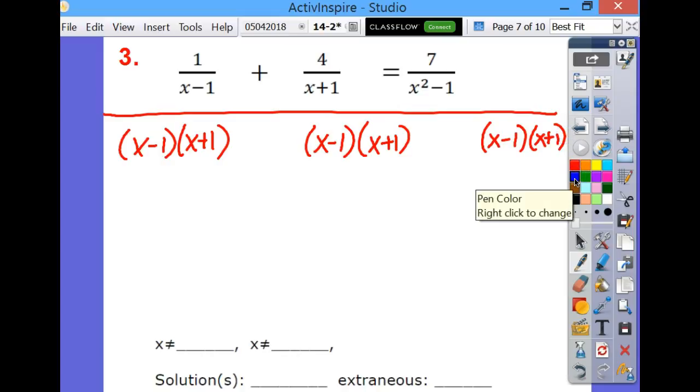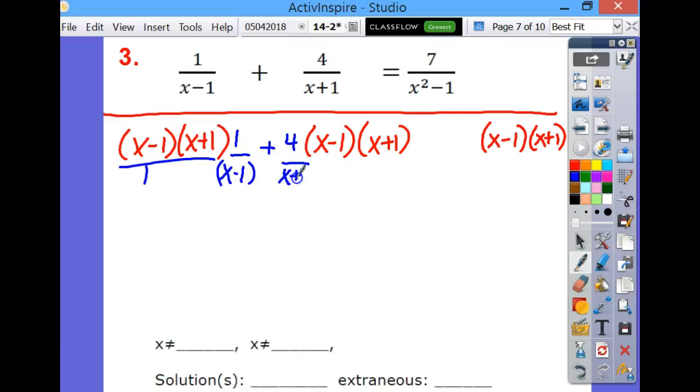We're going to multiply the first fraction by the common denominator. We're going to multiply the second fraction by the common denominator. We're going to multiply the last fraction by the common denominator, and I factored out that denominator. Make sure you put your equal sign in the right place.